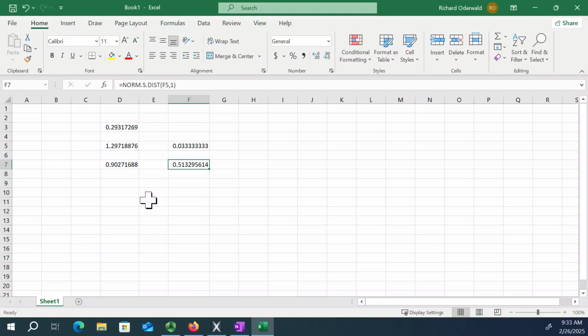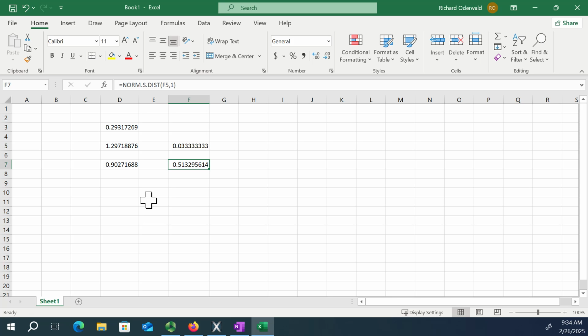This is a way to go between normal distributions. It used to be the way we had to do everything. You wanted a probability for 1300, you had to convert it to a z-score and look it up in the table. Now, it's not a big deal.